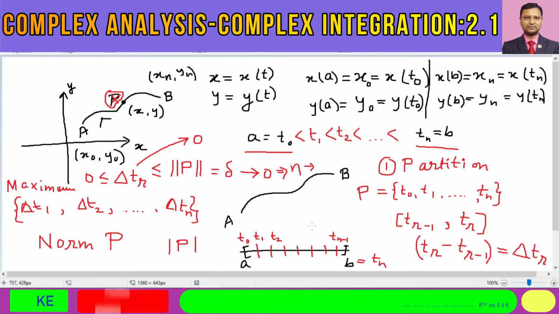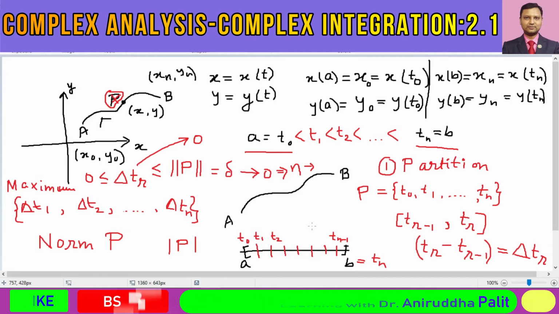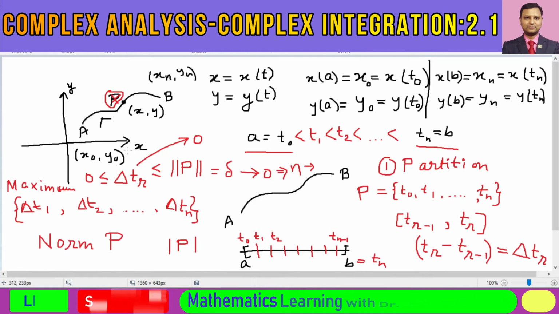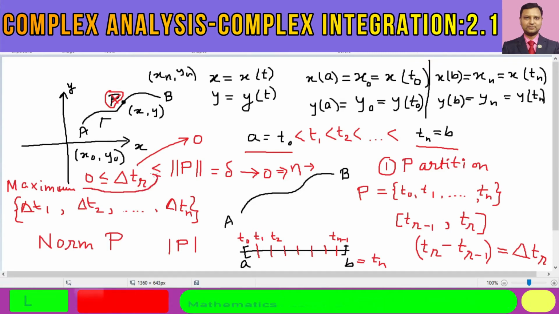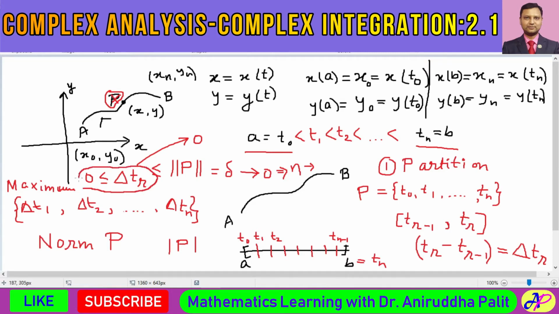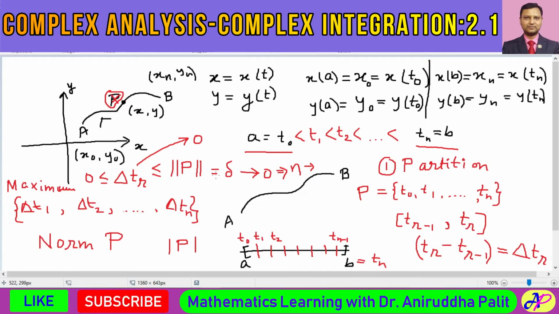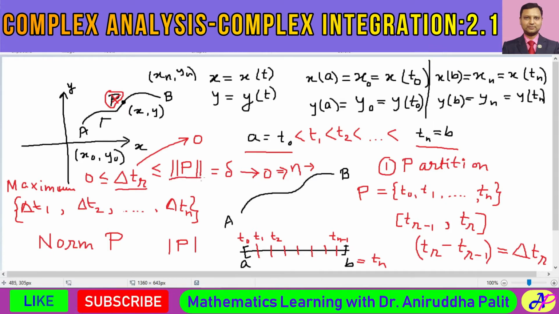Sir, now, any question? Sir, is norm less than zero always? No, why? Norm is greater than or equal to 0. Why is it less than 0? Did I ever write norm less than 0? Over here, this is the restriction that the length of delta t would be greater than or equal to 0, and the maximum of such lengths is the norm.